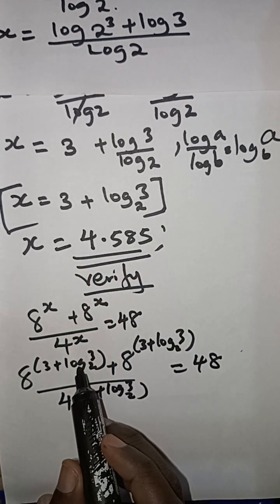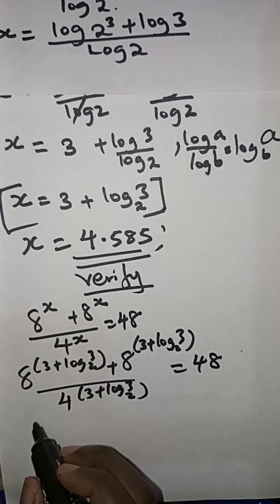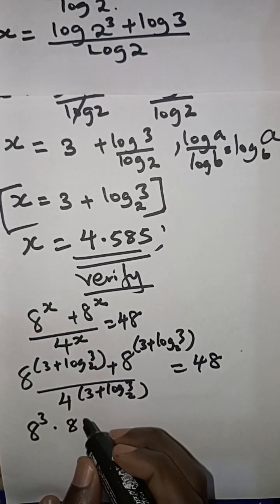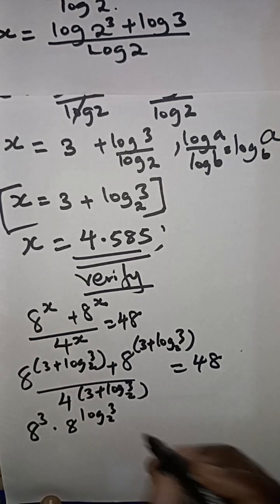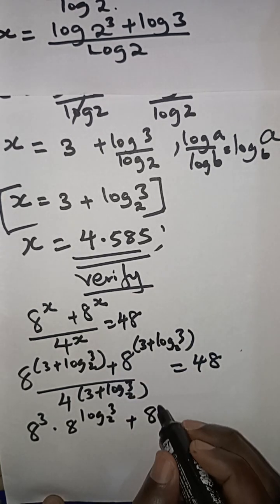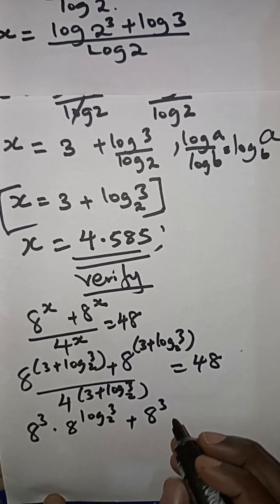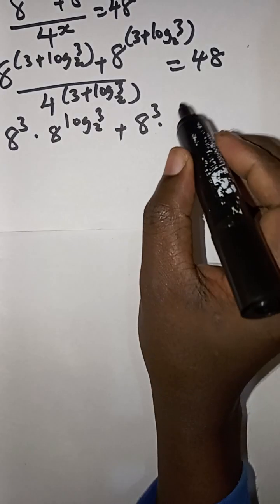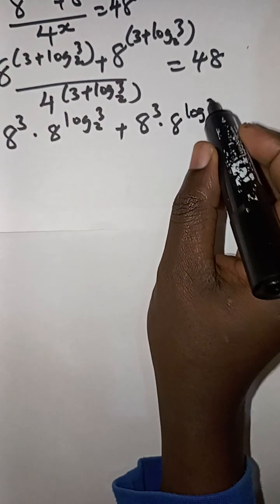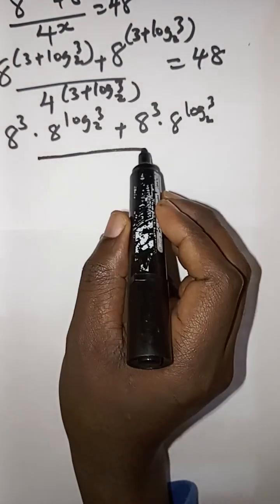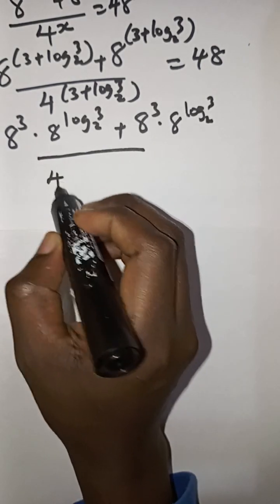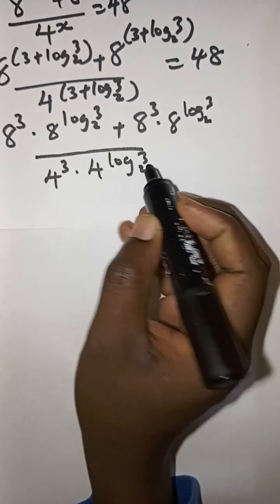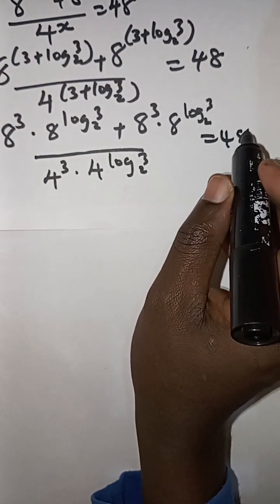Since the powers are added, I'm going to separate the bases by multiplying. So 8 power 3 multiplied by 8 raised to the log of 3 base 2. Also this side, 8 raised to 3 multiplied by 8 raised to the log of 3 base 2. Down here I'm also going to separate as 4 raised to 3 multiplied by 4 raised to the log of 3 base 2, which should give me 48.